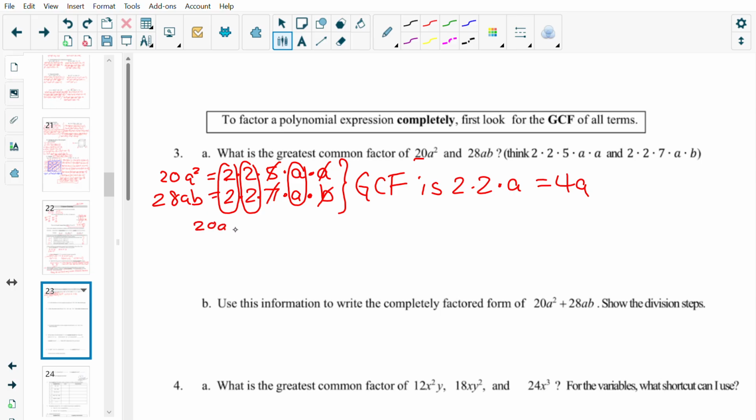I should show you, you can prime factorize 20a squared. Let me do it over here. 20a squared divided by 2 is 10a squared, divided by 2 is 5a squared.